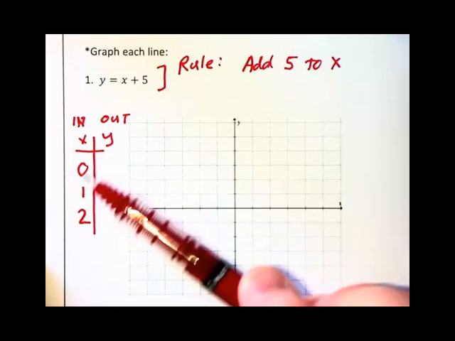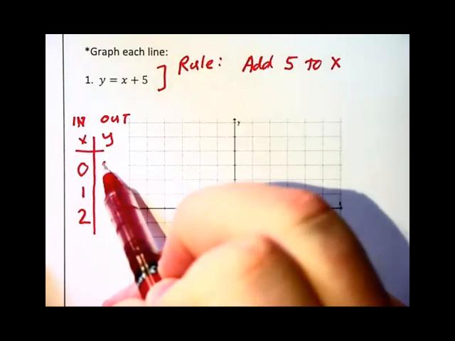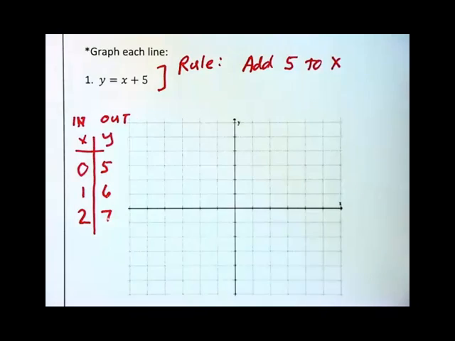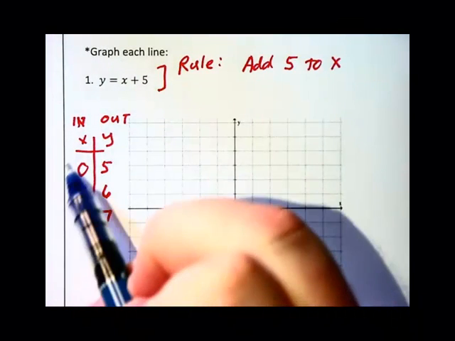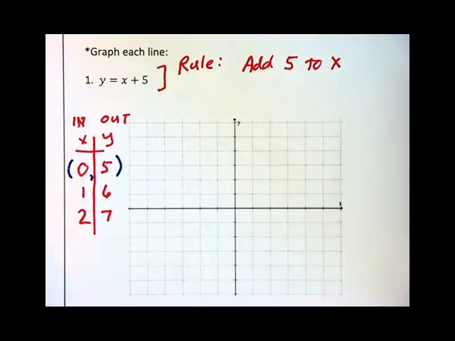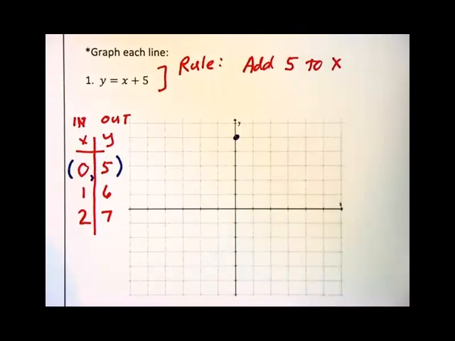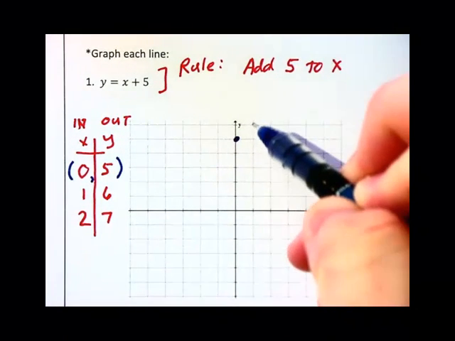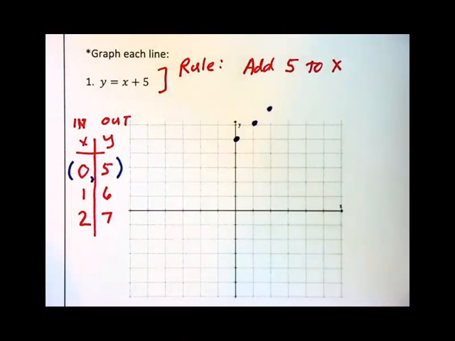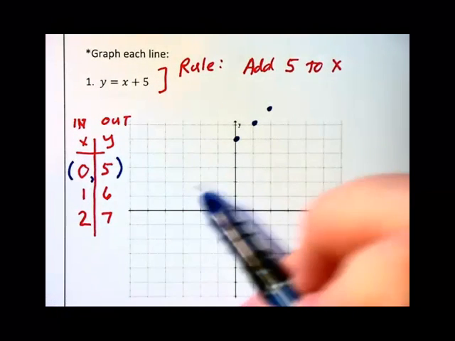Okay, for each of these x values we're going to add 5, and we'll have 0, 5, 1 plus 5 is 6, 2 plus 5 is 7, and each of these three can be considered a pairing or a coordinate point. We would have 0, 5 right here, 5 units above the origin, 1, 6 right there, and 2, 7 slightly off my grid, and those would all be 3 points that are on this line that satisfy the line's equation.